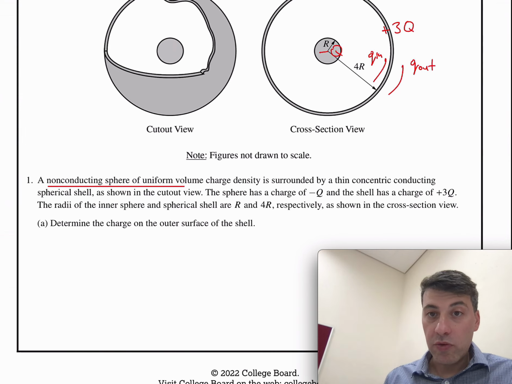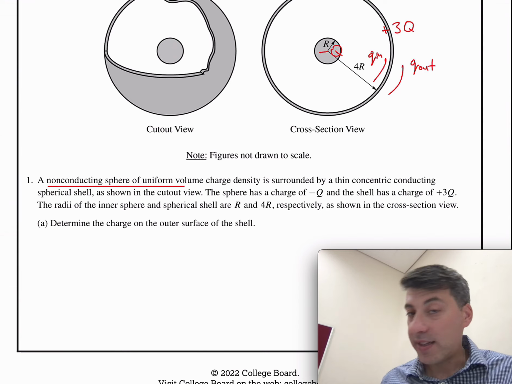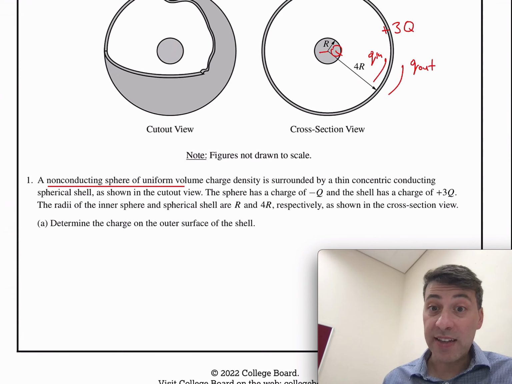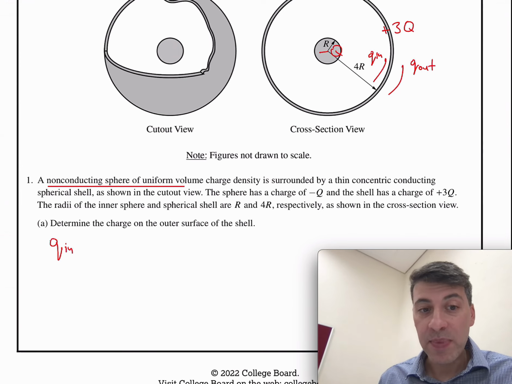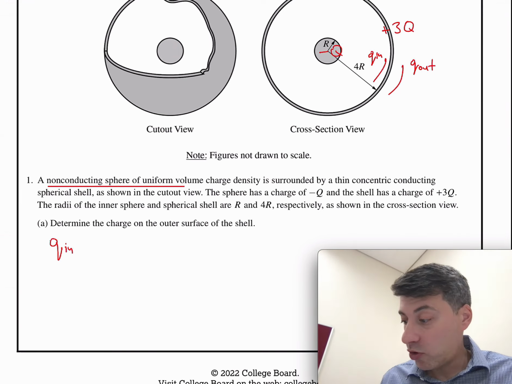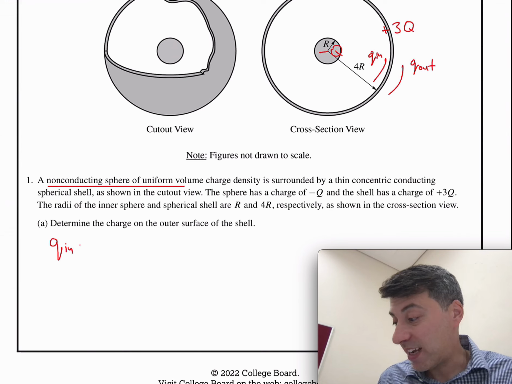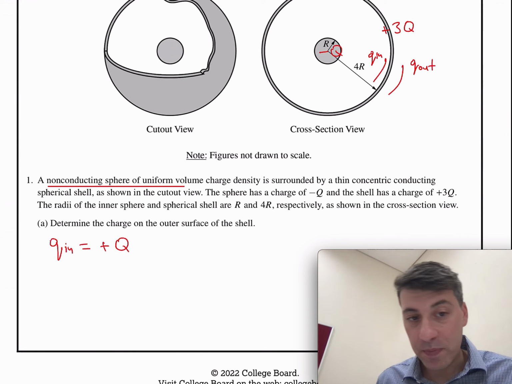Now we need to mention that since we have a conducting shell, some charge will be attracted to the minus q that is in the center. So the charge on the inner surface has the same value and opposite sign to the charge inside, so it is plus q.